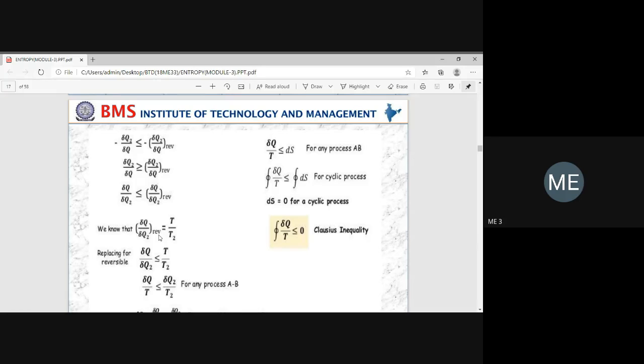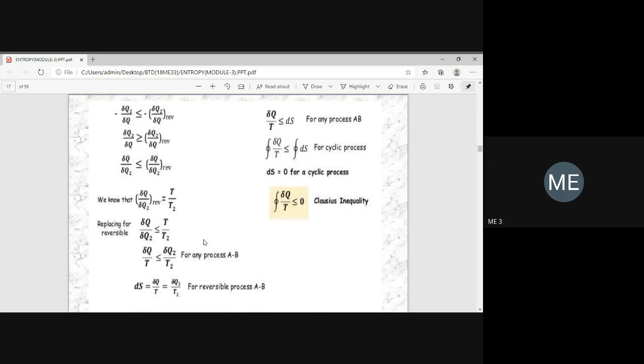Now substituting the value of dq divided by dq2 reversible equals T divided by T2 in the above equation, that is, dq divided by dq2 is less than or equal to T divided by T2.